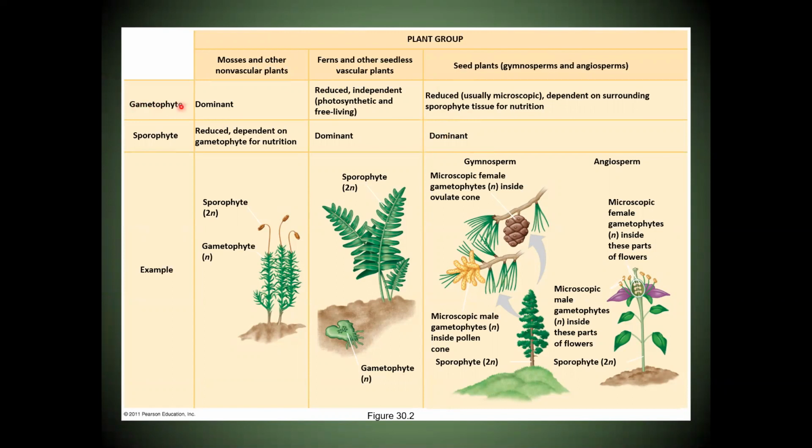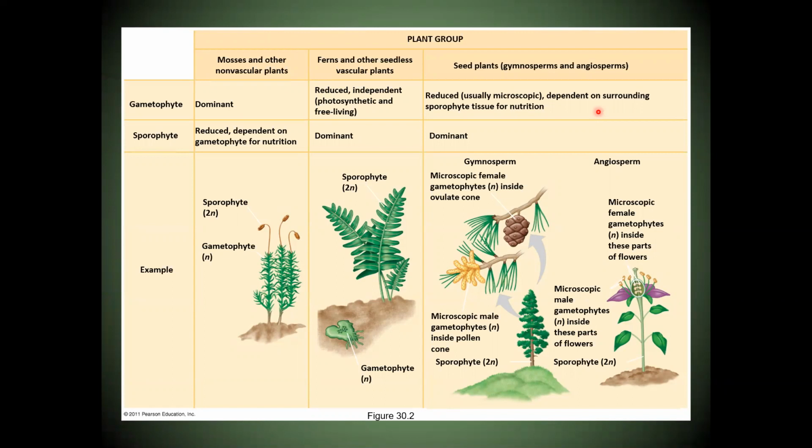The gametophyte is reduced, smaller in size, smaller in terms of its longevity in the life cycle. And the gametophyte is dependent on the sporophyte for nourishment, right? But in the case of ferns and fern-like vascular plants, sporophyte and gametophyte are independent.